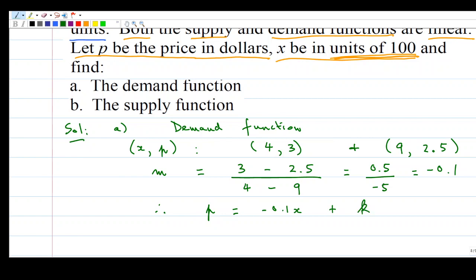To find what the constant K is, we can substitute any of the coordinates.